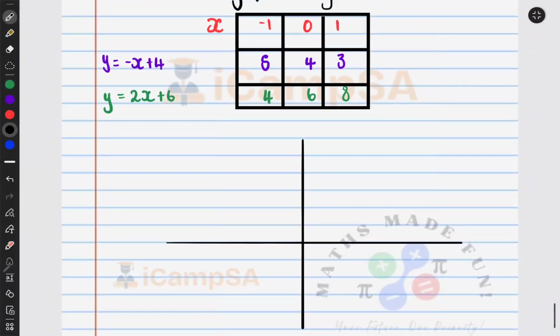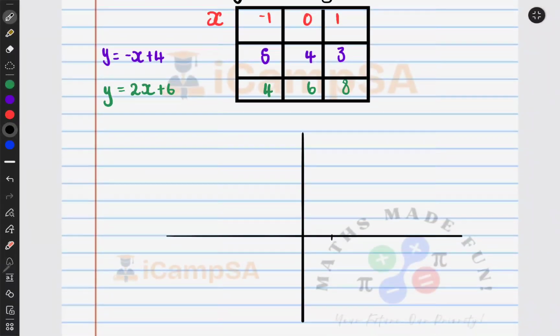Okay, I think here we're gonna use the intervals of 2, so it's gonna be 2, 4, 6, 8, 10, and then -2, -4, -6, -8.